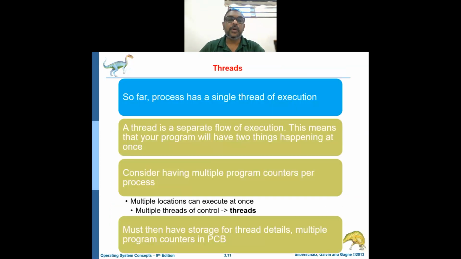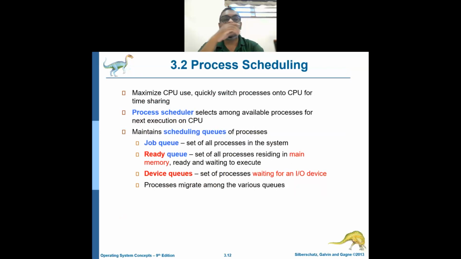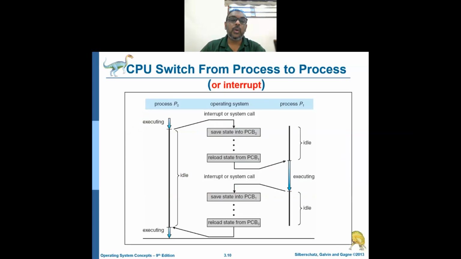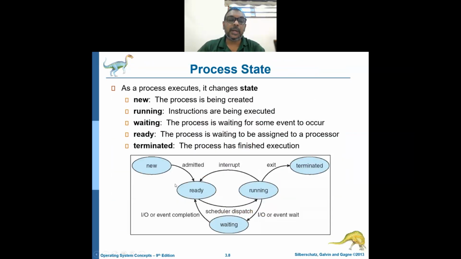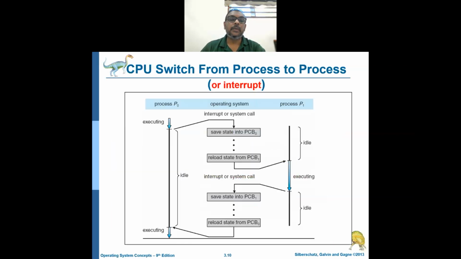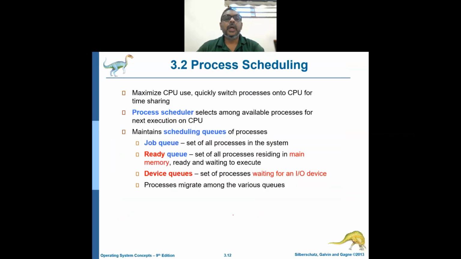So let's move on to today's lecture. Today's lecture, we are going to talk about the process scheduler. We are going to talk about this part here, the scheduler dispatch. To maximize CPU usage, quickly switch processes onto the CPU for time sharing.